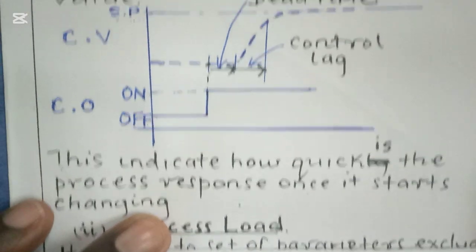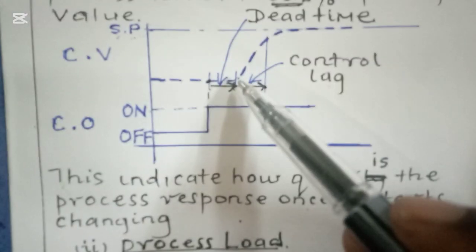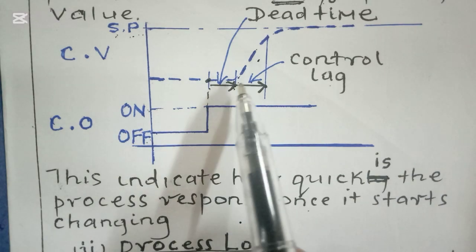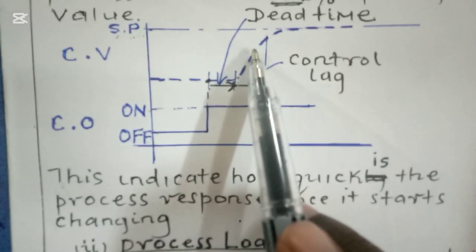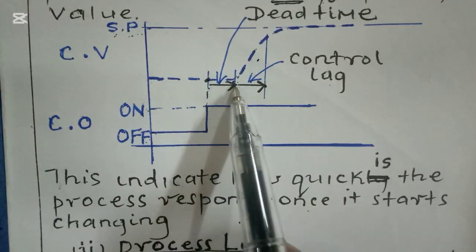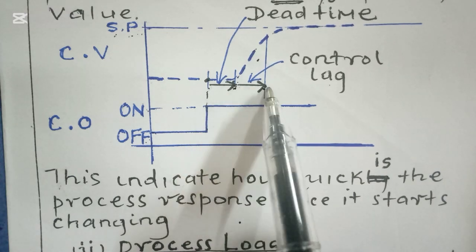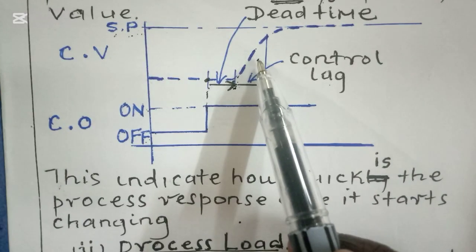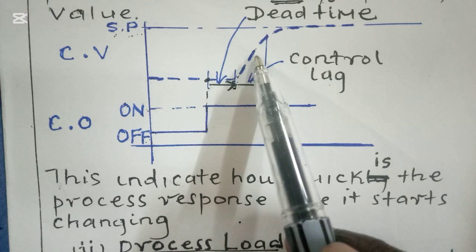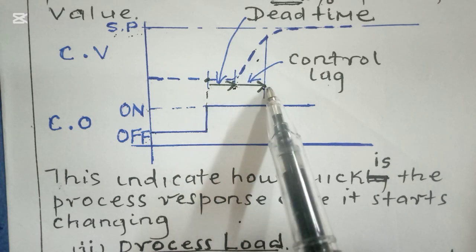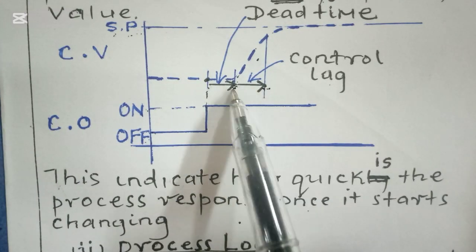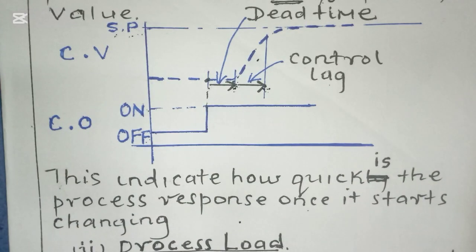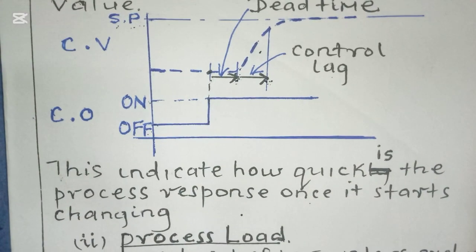That can be indicated by the gradient of this graph, meaning that if it has a steeper, positive gradient, it will take just a little time. And if the gradient is low, not as steep as shown, it will take more time. That is, the control lag will be much bigger. And so guys, that is the control lag.